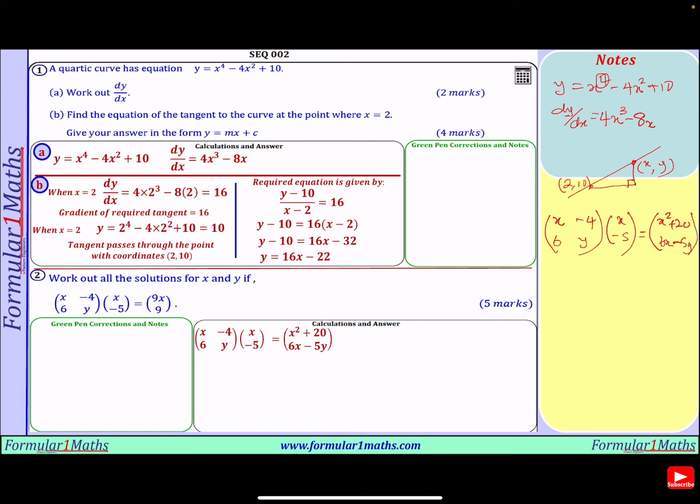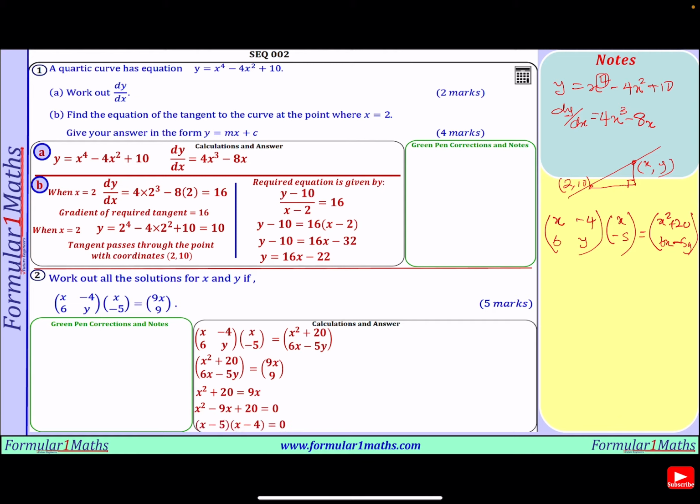But we know that this must be equal to 9x and 9. So we equate them. So it means that for the top row, we are going to get x squared plus 20 is equal to 9x. Rearrange to get x squared minus 9x plus 20.